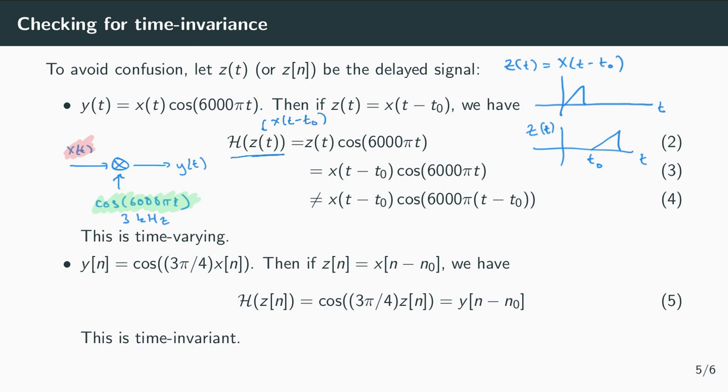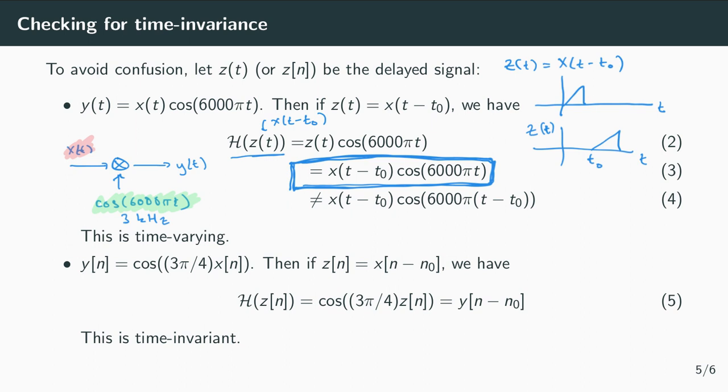So if I look at the system definition, the output is whatever the input is times cosine 6,000 pi t. So this z of t, I'm going to multiply it by cosine 6,000 pi t. Now I can substitute back in my definition of z, and I'm going to get this equation, right? And what we notice here is that the cosine part is not actually getting delayed, because just because the input is delayed doesn't mean the cosine part that is inside the system, that is operating on its own little oscillator clock, is getting delayed.